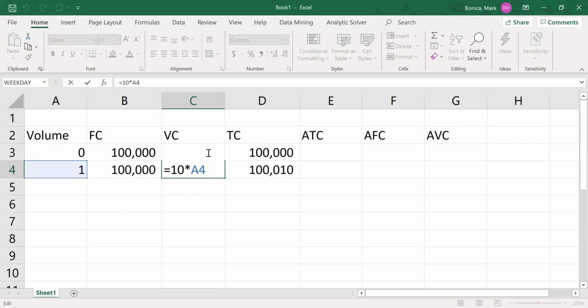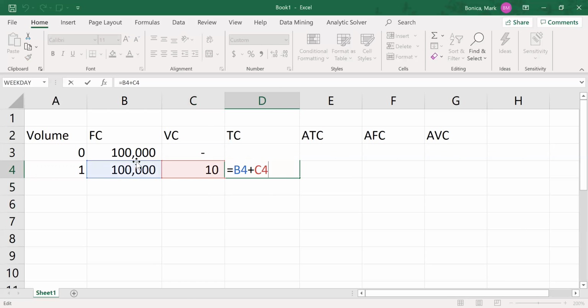Remember above here, it was 10 times A3. In Excel, if I copy the formulas down to the next set of cells, it automatically updates the references. So I was referencing A3, I copied it down 1, so now it's going to reference down 1 row, or A4, right here.